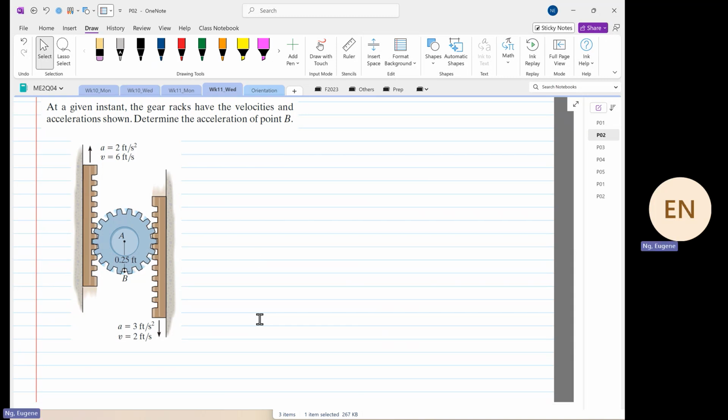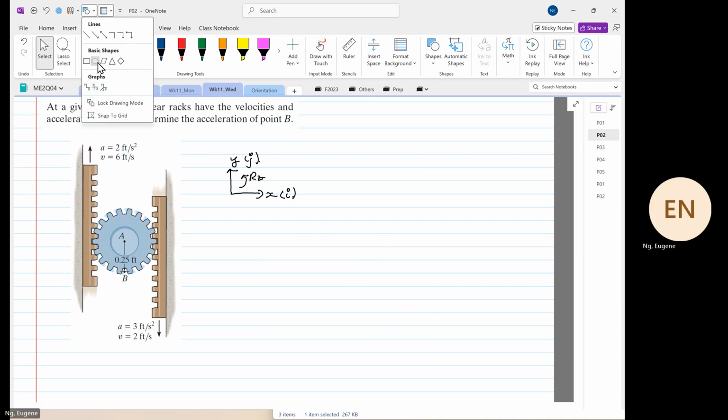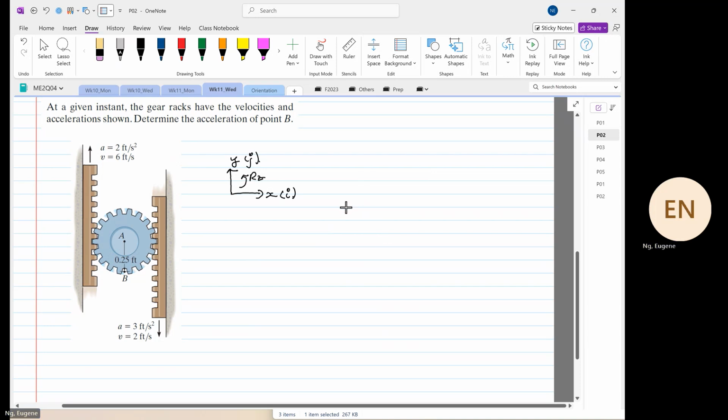So first of all, we're going to draw our transformation. Then we draw the velocity and acceleration on the gear.